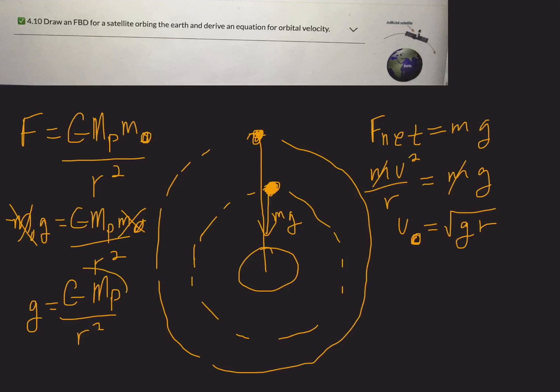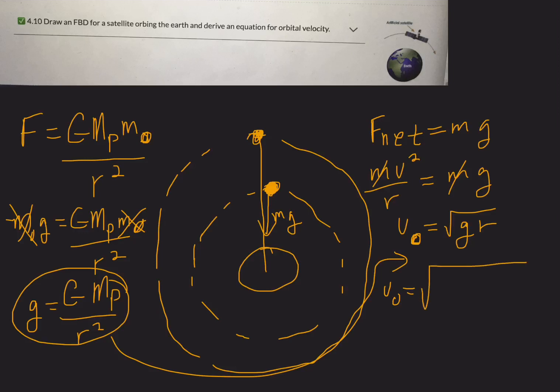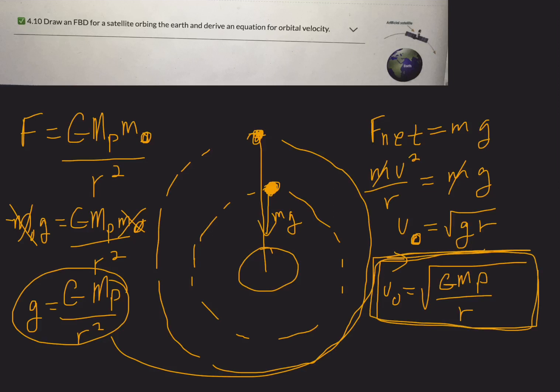So this is going to change at different radii. So we're going to take this gravity, and we're going to put it in for the gravity in this equation. And so what do we get? We're going to get orbital velocity equals the square root of big G, mass of the planet, and then it'd be over the radius squared, but we also have times the radius. So technically it's just over the radius. So here is technically your orbital velocity equation. We can't really leave it like the roller coaster one, square root of g r.